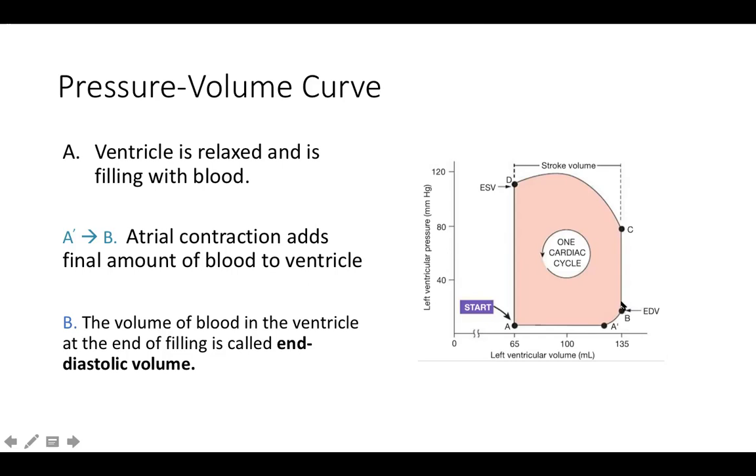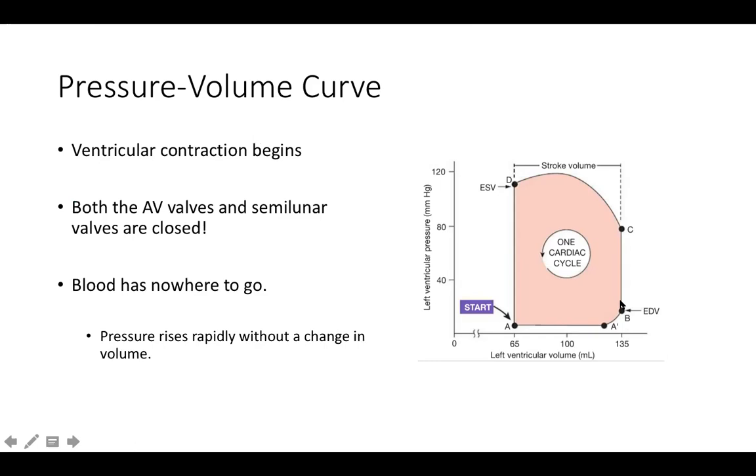The next stage of this pressure volume loop is this vertical rise. From B to C, you can see that there is a sharp rise in pressure of the left ventricle with no change in volume. The volume is staying at 135 milliliters, but the pressure is going from about 20 millimeters of mercury all the way up to 80 millimeters of mercury.